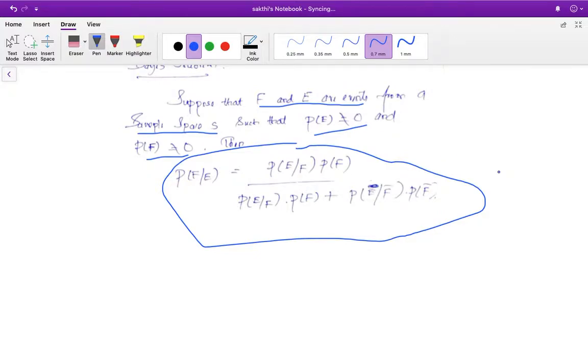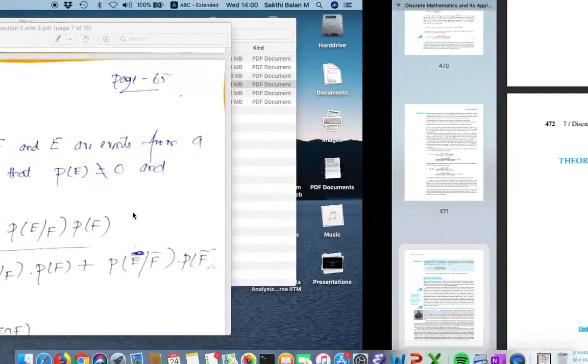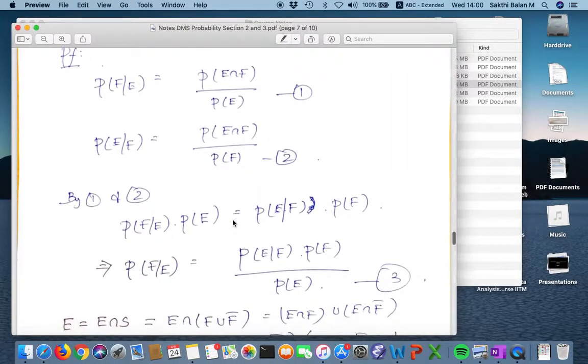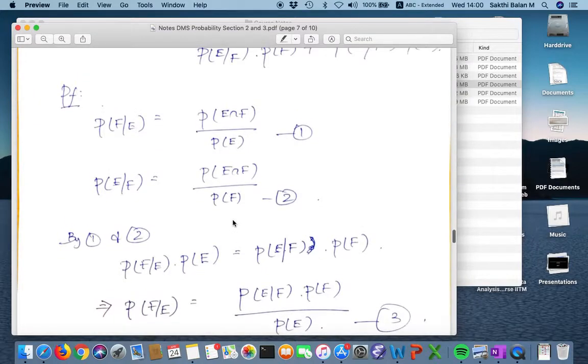Okay, so now we need to prove this. We can easily prove this using very simple formulas that we already know. Okay, so these are the formulas that we will be using.